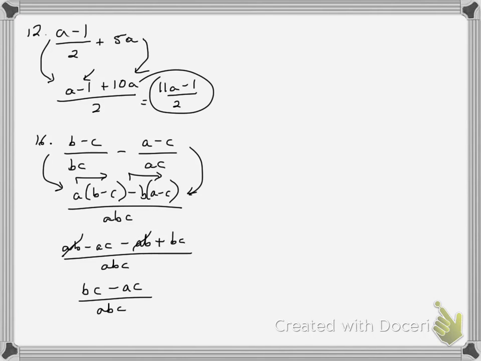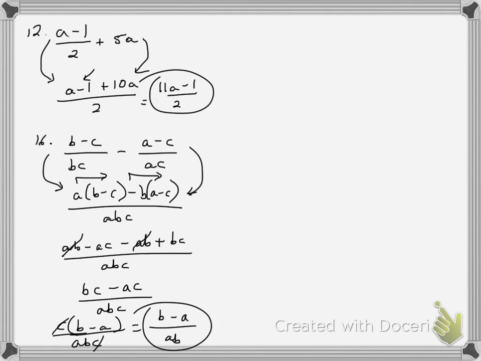Factoring, I can factor out a C, and I'll get B minus A all over... Factoring out a C, I guess I should do that in 2 steps. Well, I'll do it down here. Okay, times C all over ABC. And then canceling out my C's, I get B minus A over AB.